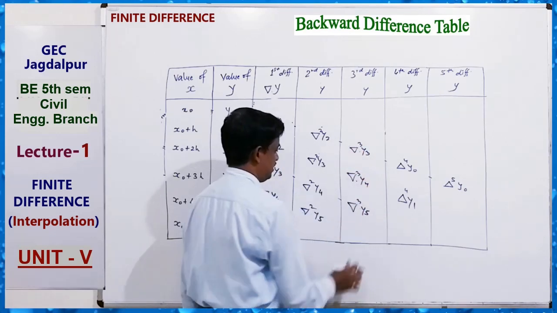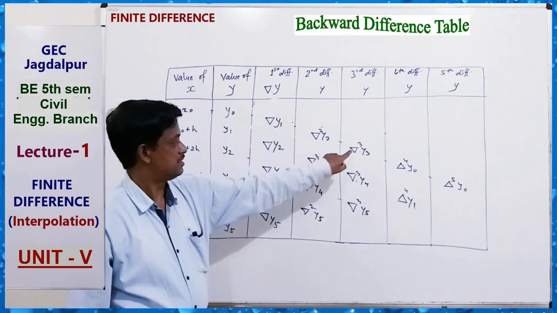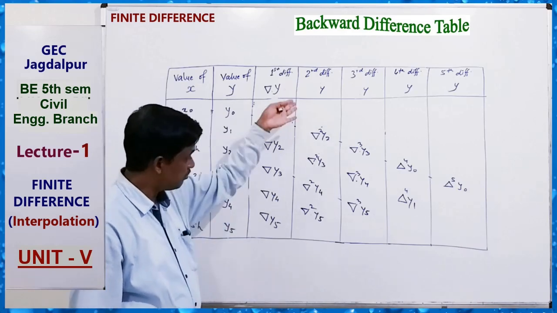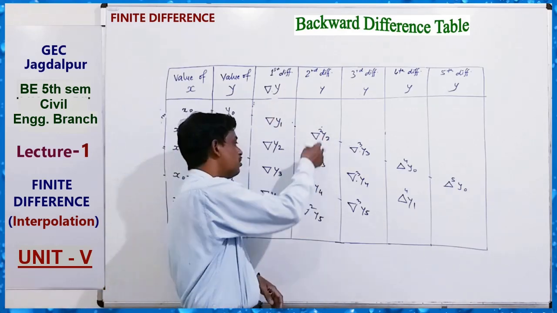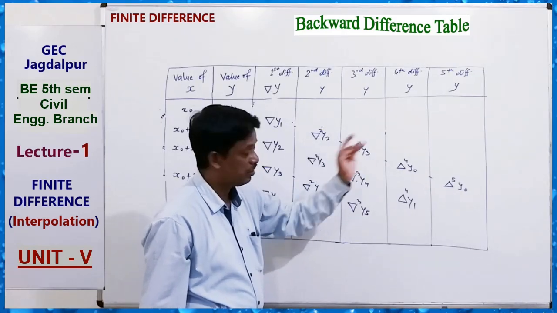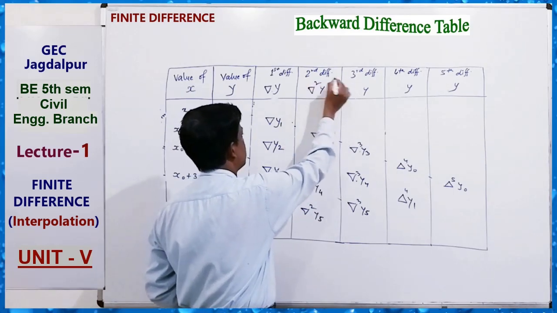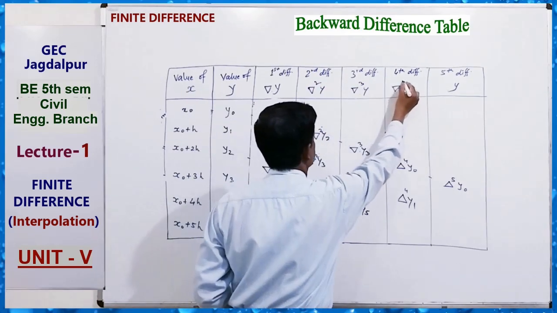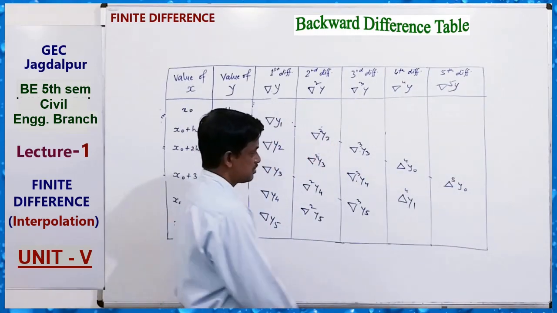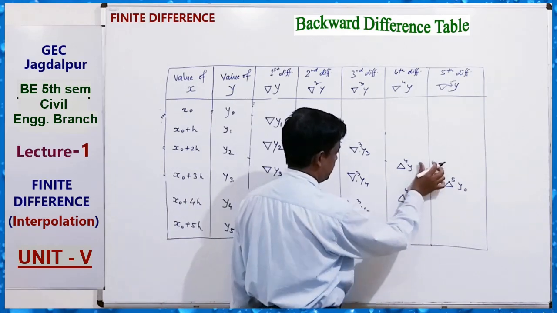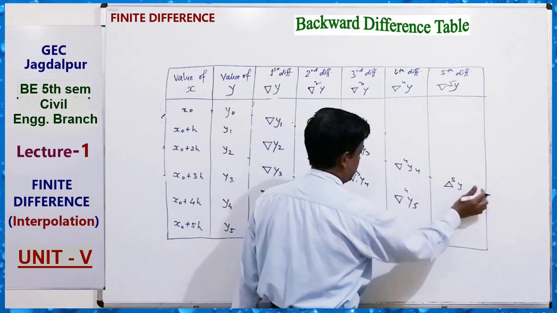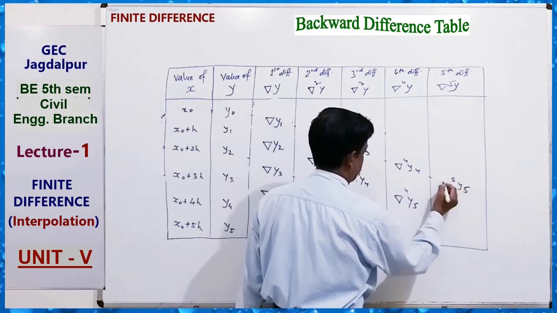Whatever the value is here, you have to subtract this from this, and that will represent backward del y3. So these are the second differences, third differences, fourth differences, fifth differences. You can write them here with 5 and 4 and backward del.